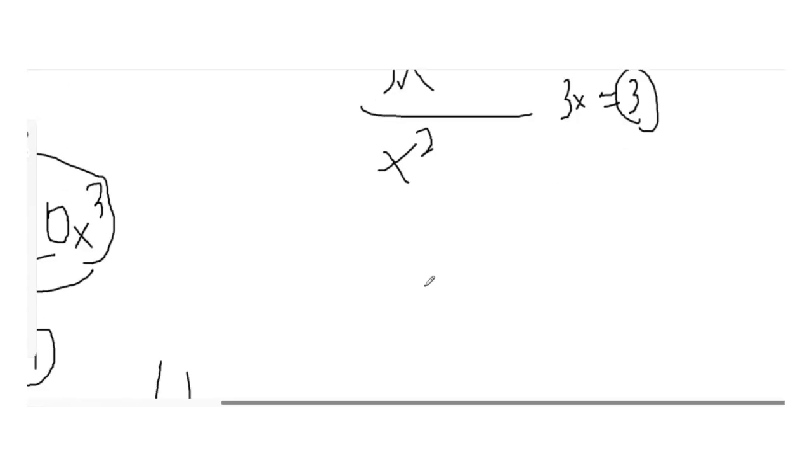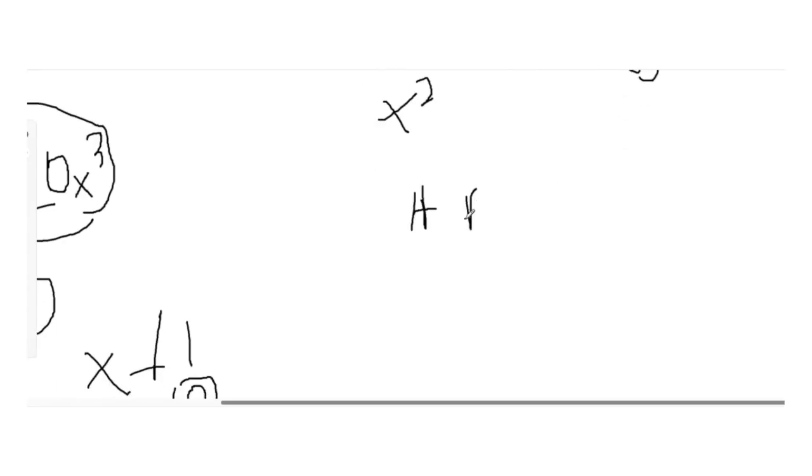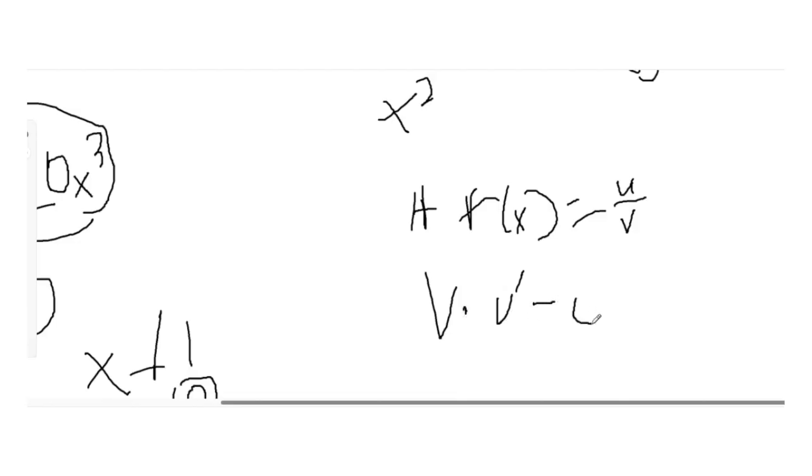So the quotient rule states that if f of x is equal to u over v, then the derivative is v times u prime, which is just a way of saying the derivative of u, minus u times v prime.